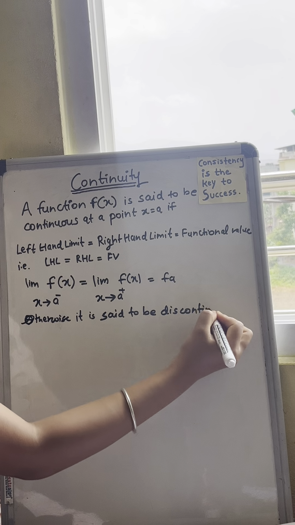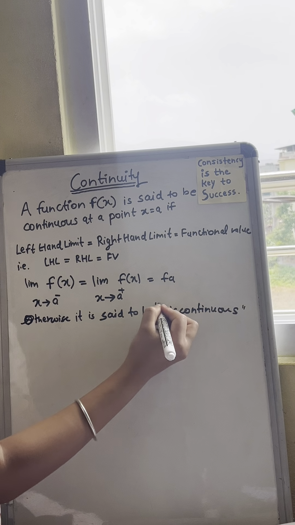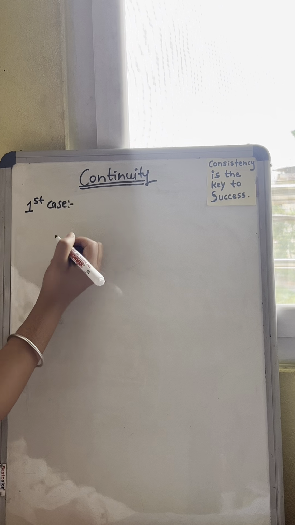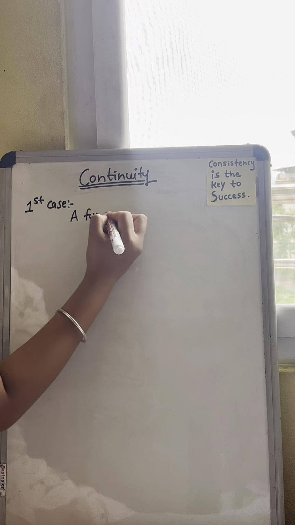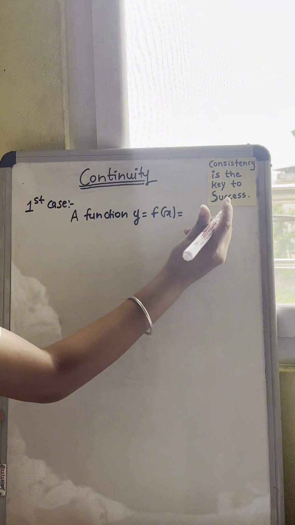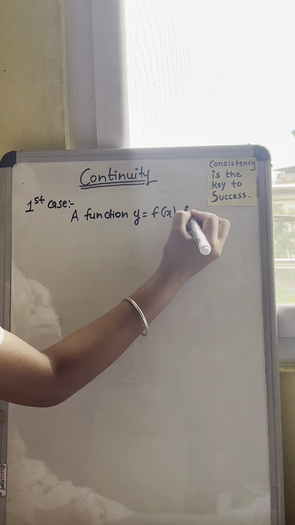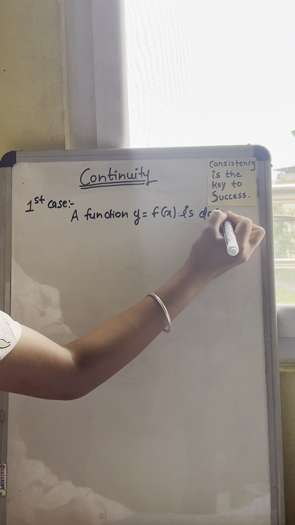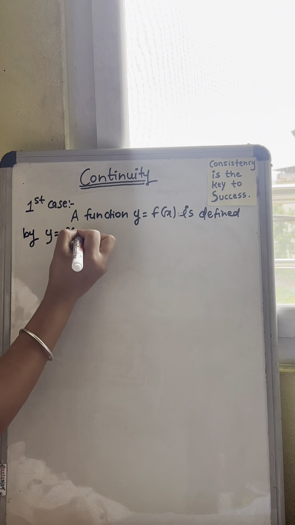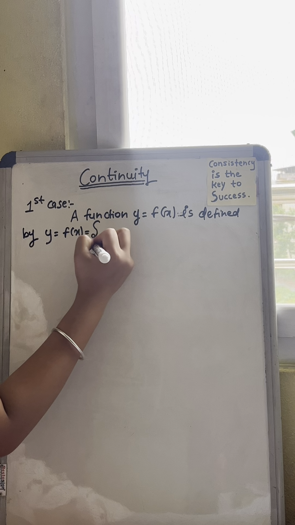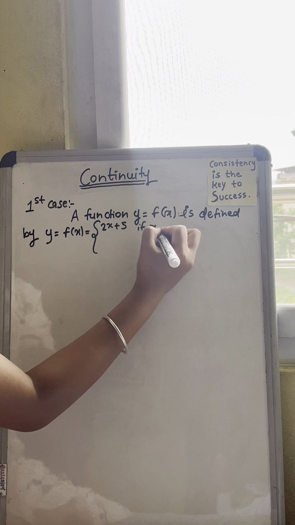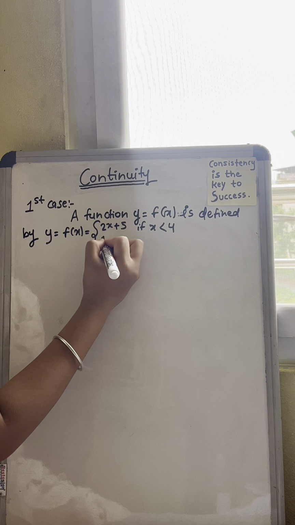There are three cases of continuity. Now let's move towards the first case, which is to check whether the function is continuous or discontinuous. Here the question is: a function y = f(x) is defined by f(x) = 2x + 5 if x < 4, 13 if x = 4, and x² - 3 if x > 4.